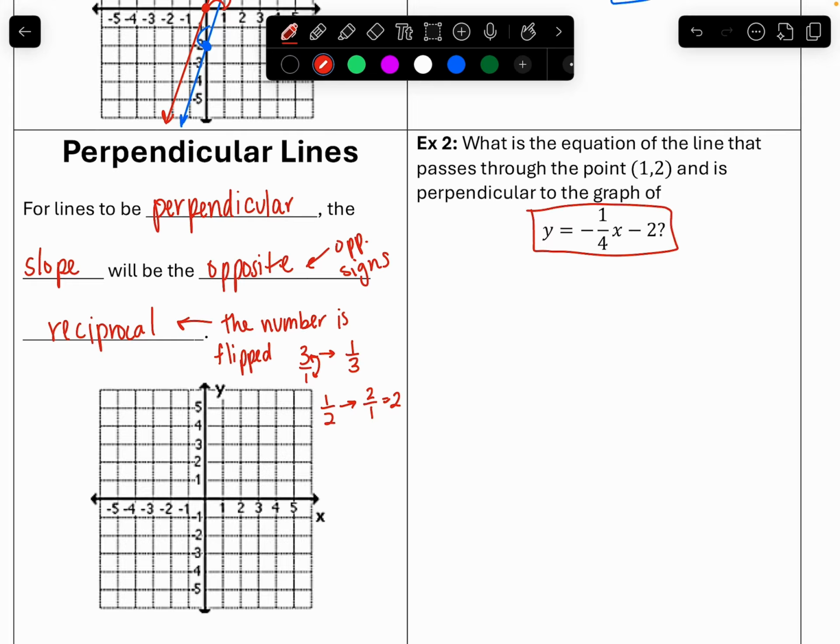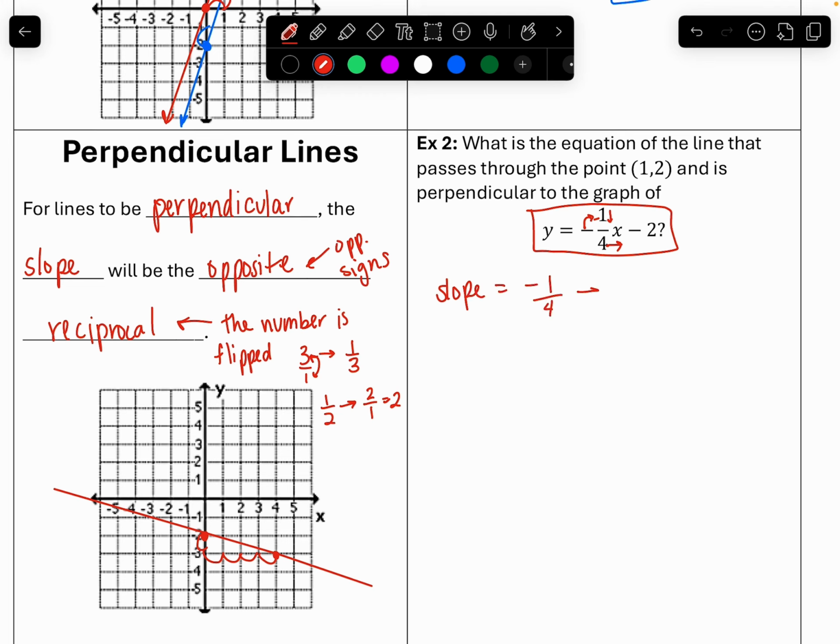So let's go ahead and graph this first. Let's start at -2. The negative, go ahead and bring it to the top. So we're going to go down 1, to the right 4. 1, 1, 2, 3, 4. Now the slope here is -1 over 4.